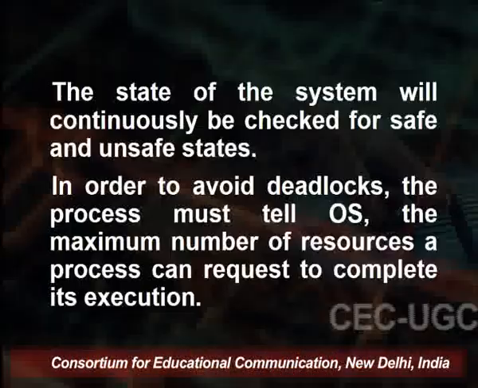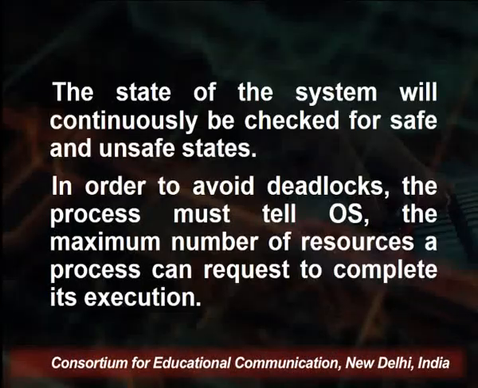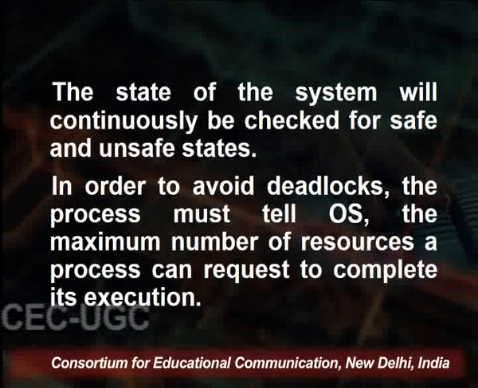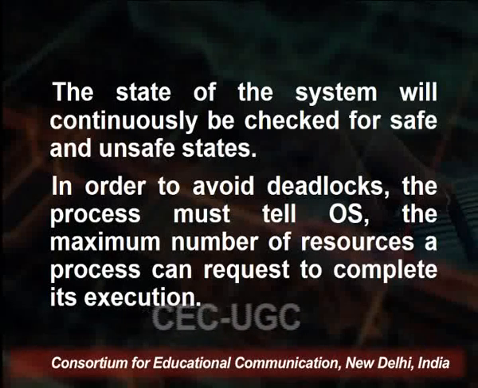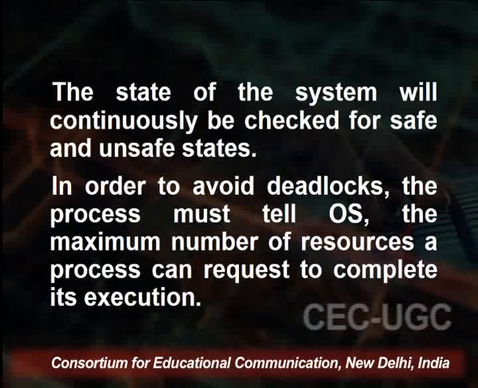And in order to avoid the deadlock, the processes must tell the operating system the maximum number of resources a process can request to complete its execution. So for example, there is a process, let's say P1, which is looking for 3 tape drives, then the operating system must be told that the 3 tape drives will be required for this process P1 to complete its execution.